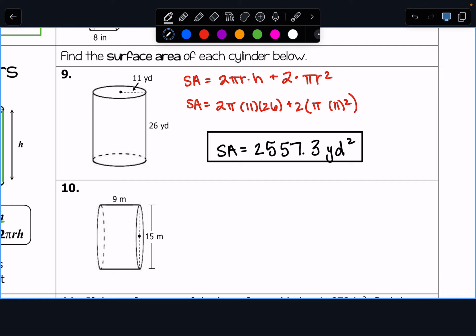No. Wait, can't we just put pi since it's right here? Yeah, dude, I got... That's how we can't just take the 2 out. Wait, so do you have to put multiply in? No, it knows. Interesting.